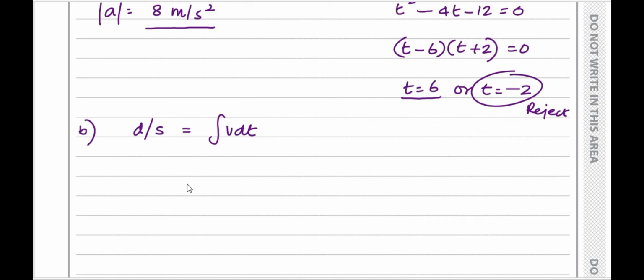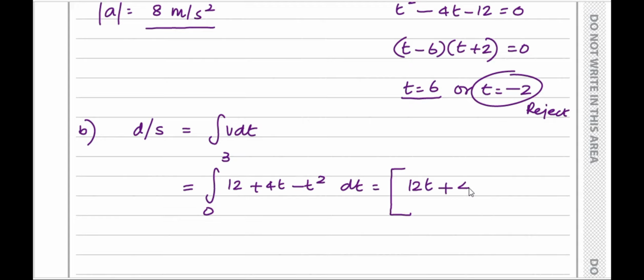So when it says t between 0 and 3, we need to write the integral between 0 and 3 of the v function, which is 12 plus 4t minus t squared dt, is equal to, open a square bracket and keep integrating it, 12t plus 4t squared over 2 minus t cubed over 3 between 0 and 3.